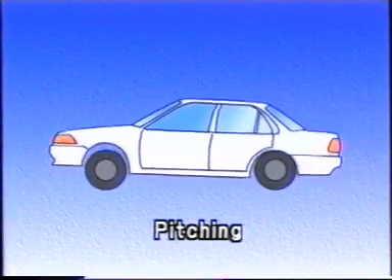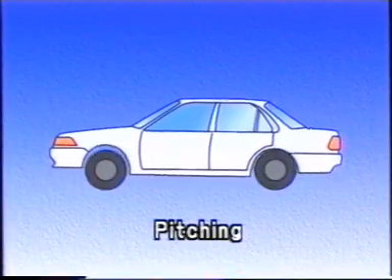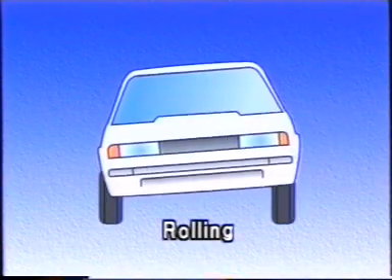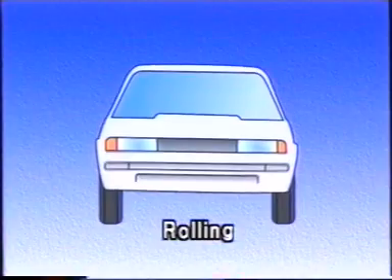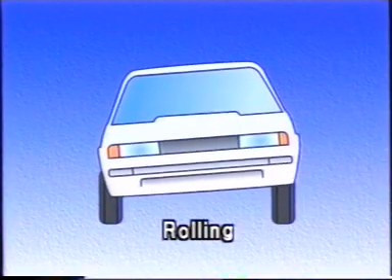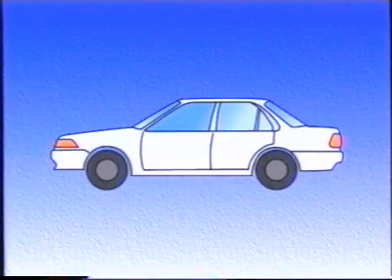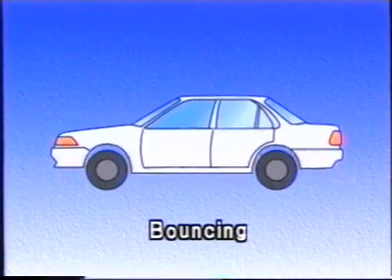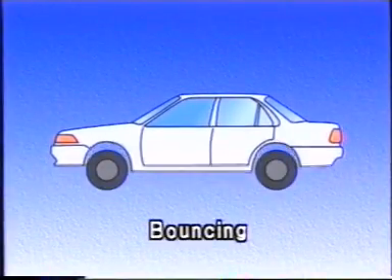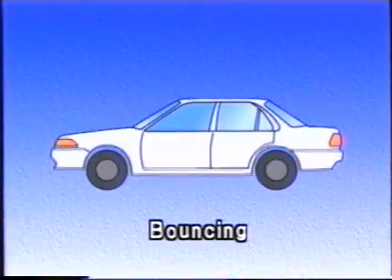The passenger feels this as a tipping back and forth. Rolling is when the body rolls to the side during a turn or while driving along a bumpy road. Bouncing is the up and down shaking of the entire body when driving along an undulating road. It often happens when the springs are soft.